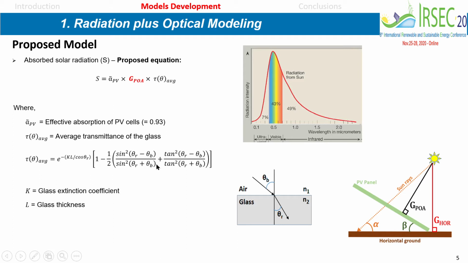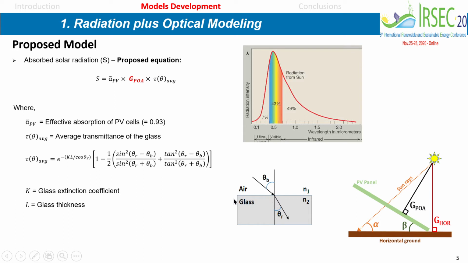The average transmittance of the glass is given by this relationship, which depends on the glass properties such as glass extinction coefficient and the glass thickness, and of course also on the incidence angle and transmittance angle, as shown in this picture here.